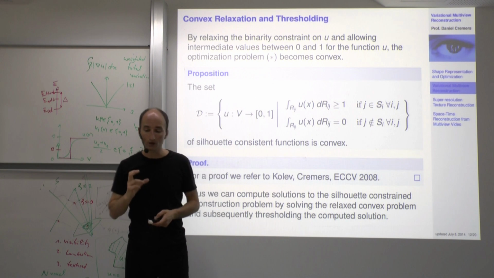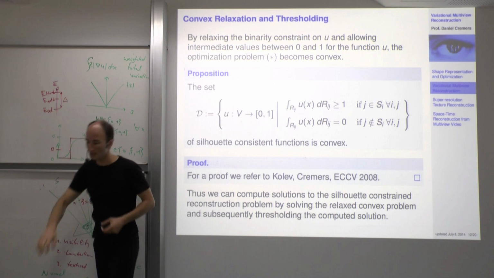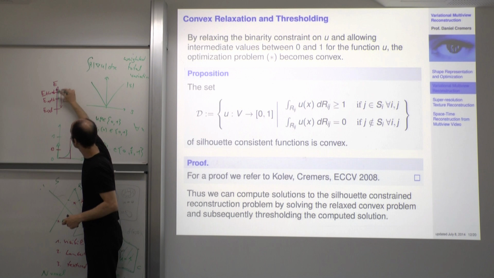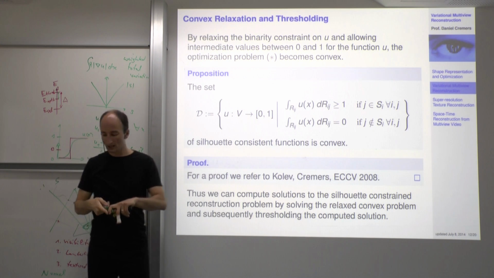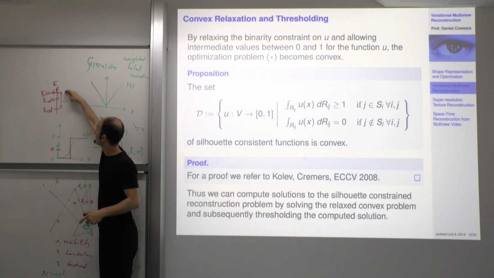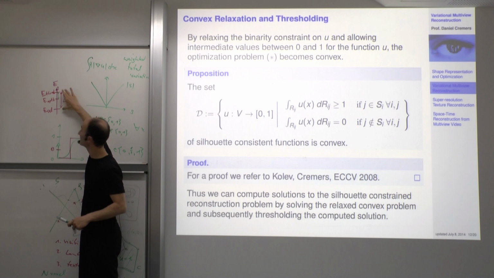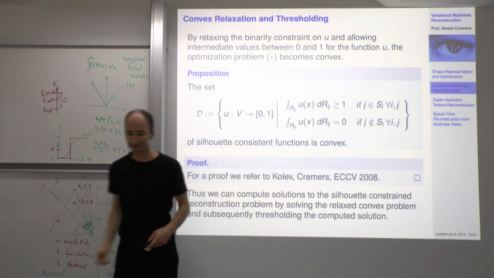We can compute how far at most we are from the optimal solution, and we know this is less than the distance between the relaxed solution and the thresholded one. So we don't know where the optimal energy is, but we have these two energies, and we know the optimum is in between.